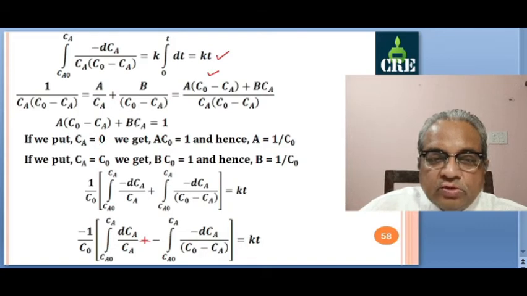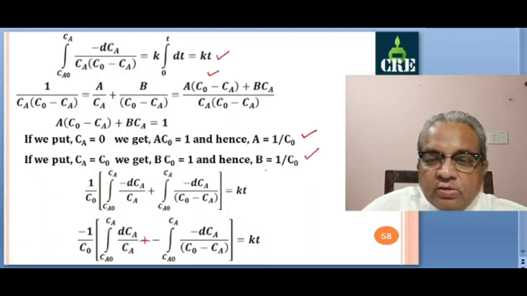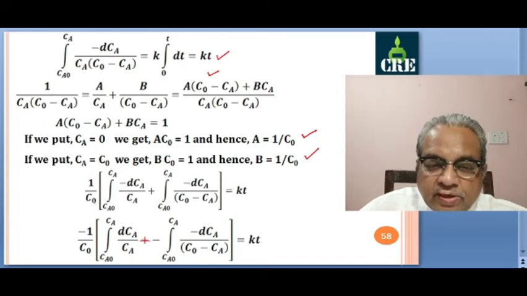If you substitute CA equal to 0, the B term becomes 0 and A into C0 is equal to 1, so A is 1 by C0. So this constant is determined. For the other constant, if I substitute CA equal to C0, the A term becomes 0, so B into C0 is equal to 1. So the second constant B is also evaluated as 1 upon C0. Both values are the same.